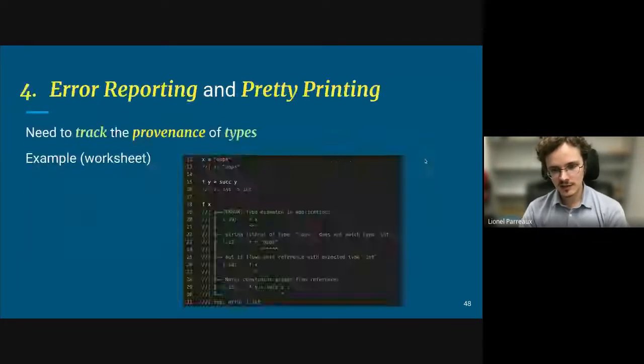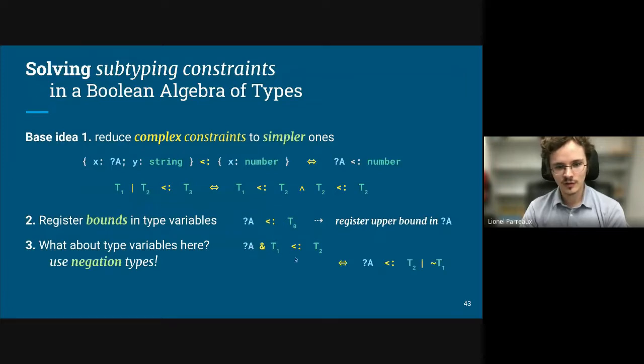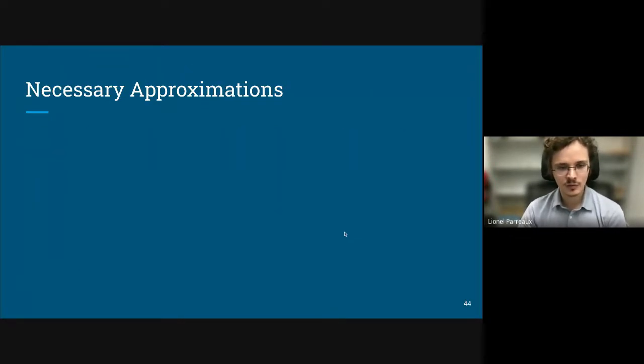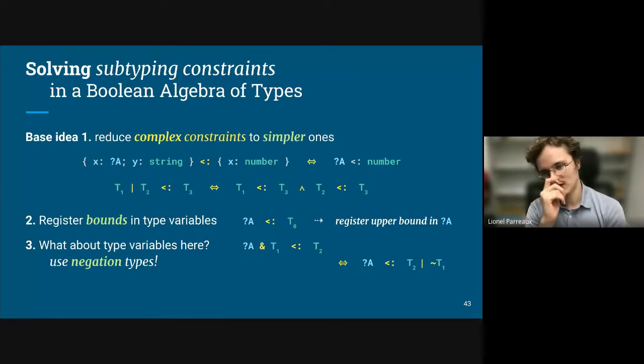Especially this little trick of putting negations, turning constraints of this shape into constraints of that shape. This holds in a Boolean algebra. It wouldn't hold in many other systems. You need distributivity in order to properly reduce all constraints into basically unions of intersections, this kind of thing. So I think you wouldn't be able to do much with pure subtyping relationships. The type system would probably still be sound, but type inference would not really work out.